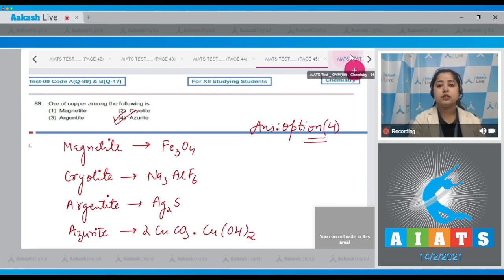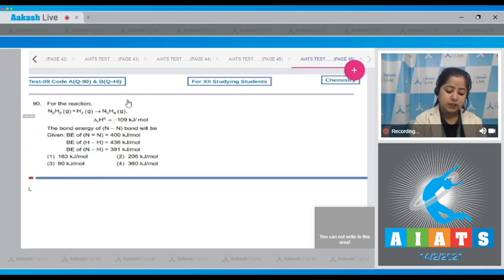Moving to the next question, which is question number 90. Let's read it. For the reaction N2H2 plus H2 gives N2H4, the ΔrH° is equal to minus 109 kilojoules per mole. The bond energy of N-N bond will be. We are given the bond energies of N=N, H-H, N-H. So student, let's solve this question.